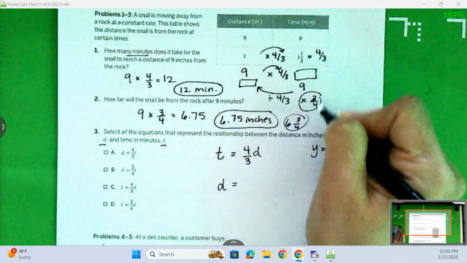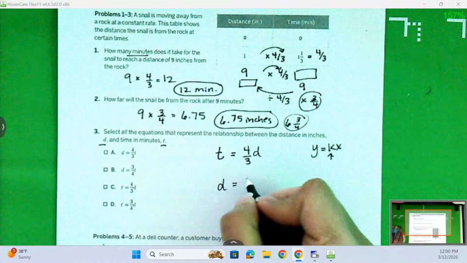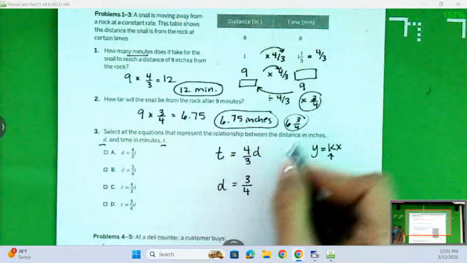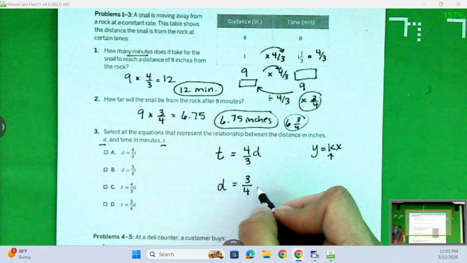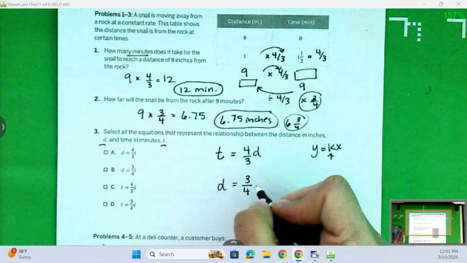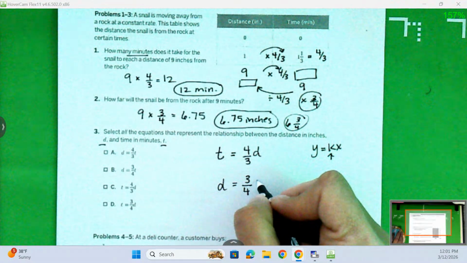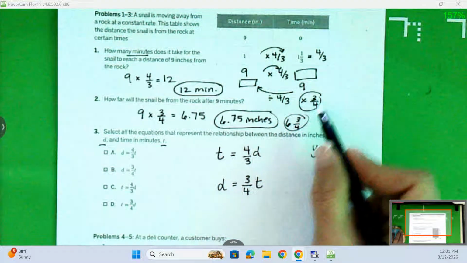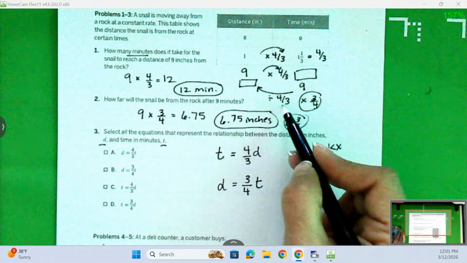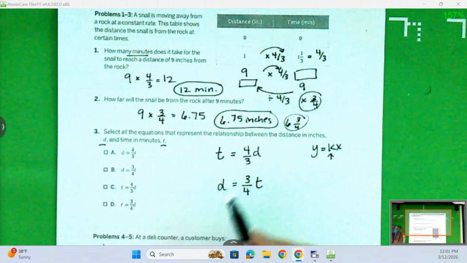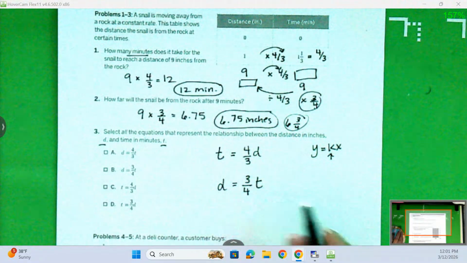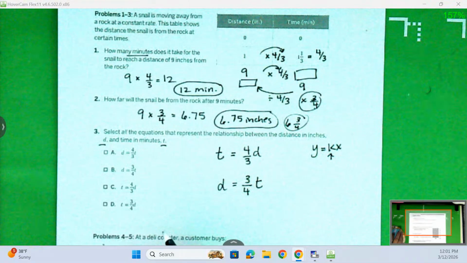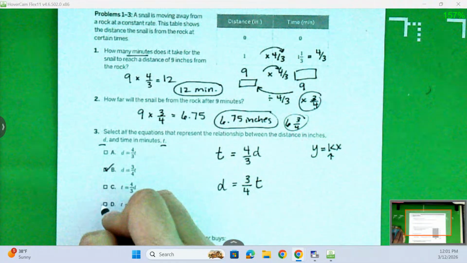We had 9 times the flip of this, which is the 3/4, to get our distance. So we had our time, t, times the 3/4 to get d. So d equals 3/4 t. Those are B and D.